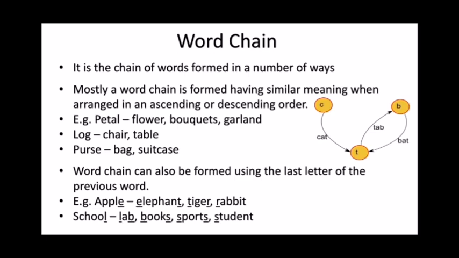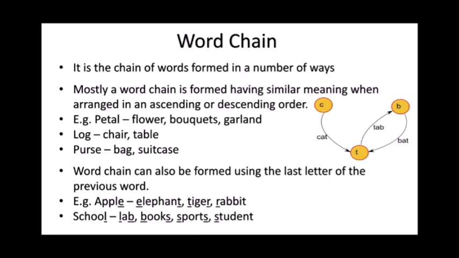So, we can make a chain of words like flower, bouquet and garland. So here you can see it is going from the smallest to the biggest, that is ascending to descending. That is one petal, then a whole flower, then many flowers and a whole garland.